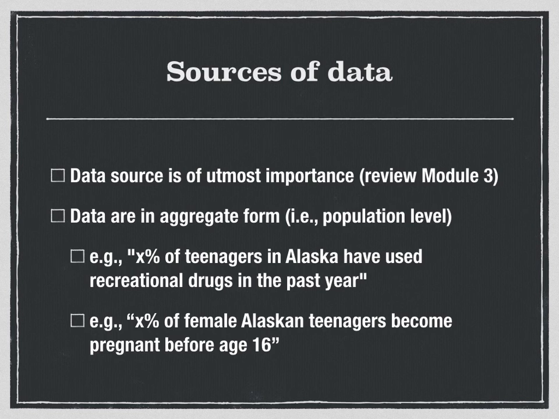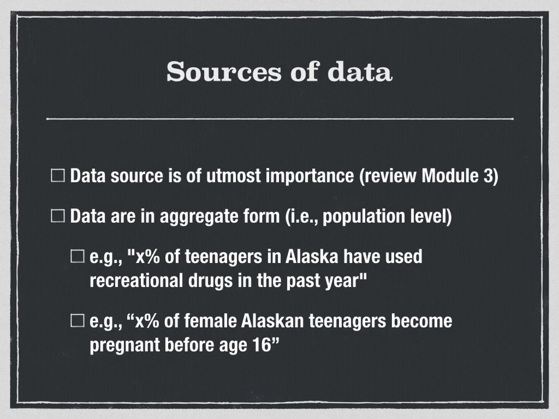The exposure and disease or outcome data used in correlational studies are in aggregate form. In other words, data are about a population and not about individuals. For example, the data may include the proportion of each population with a particular characteristic. So, for example, X% of teenagers in Alaska have used recreational drugs in the past, and also the rate of a certain outcome.